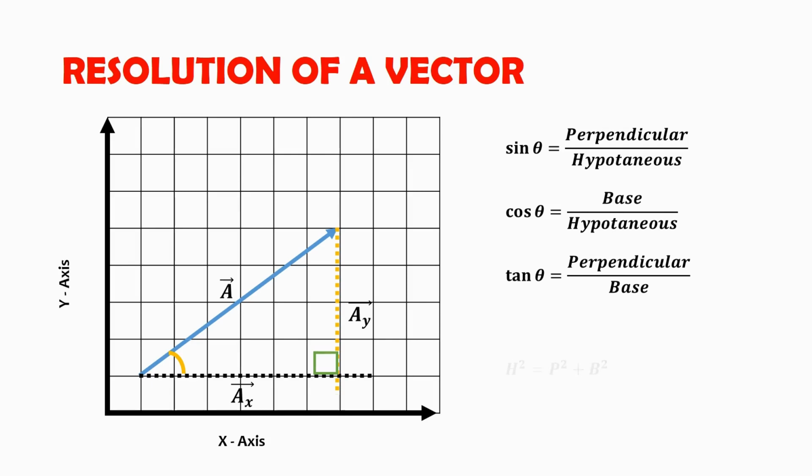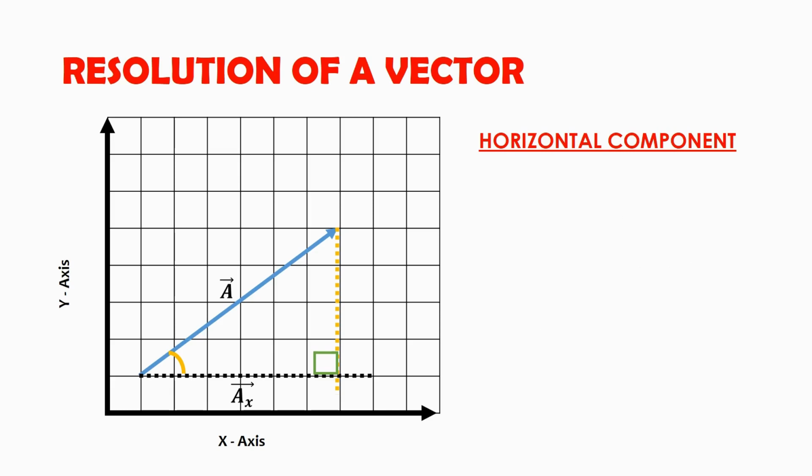And at the end, we would be using the Pythagoras theorem when required. First, we are going to find the horizontal component. Remember, whenever you are dealing with the horizontal component, you need to ignore the vertical component. Here you can see that AY is missing in this diagram, so we need to ignore the vertical component.